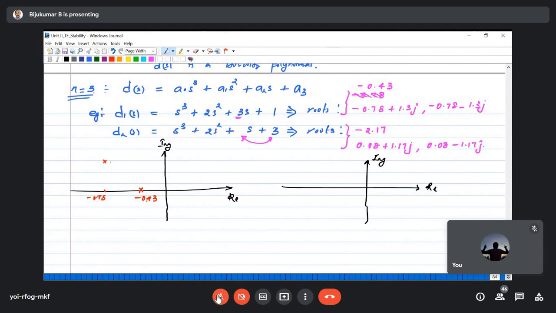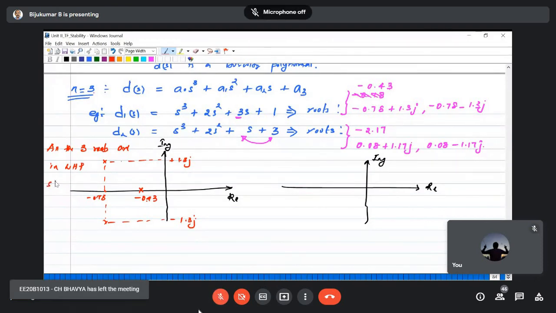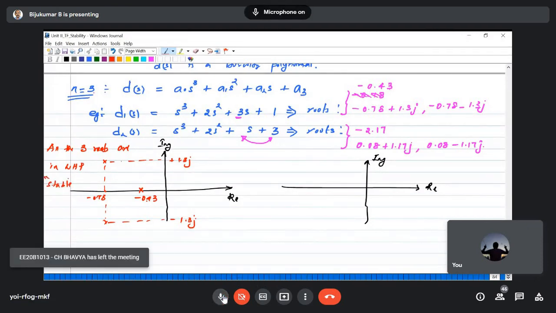So one is somewhere here, plus 1.3j, and the other one is at minus 1.3j. Right. So what you observe from this, all three roots are in which plane? LHP, right? So that means your system is stable.